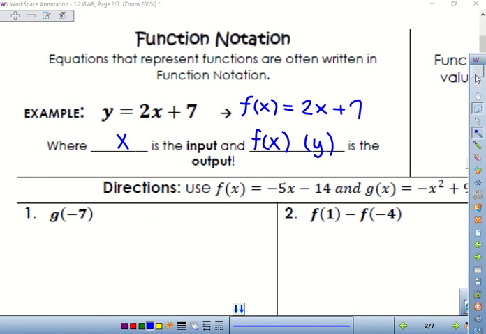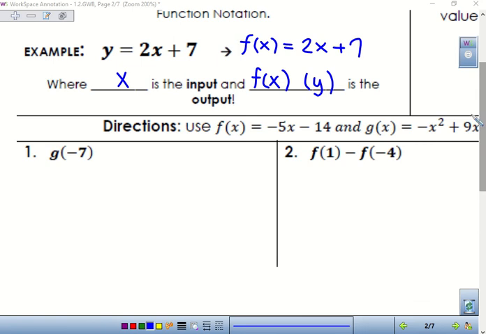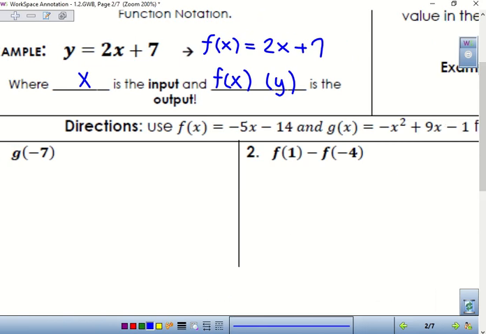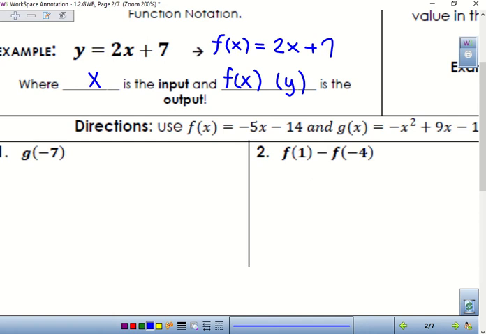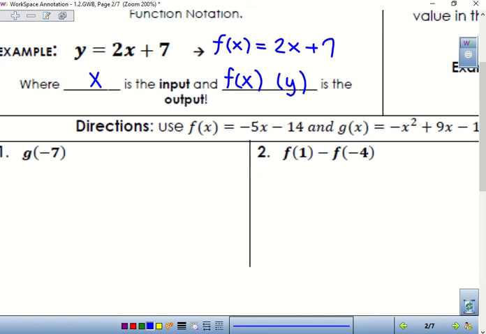Now we're going to use the functions provided in these questions to evaluate the different questions they've asked us. The first one says g of -7. So we're going to take that g of x function and replace all of the x's in it with -7.